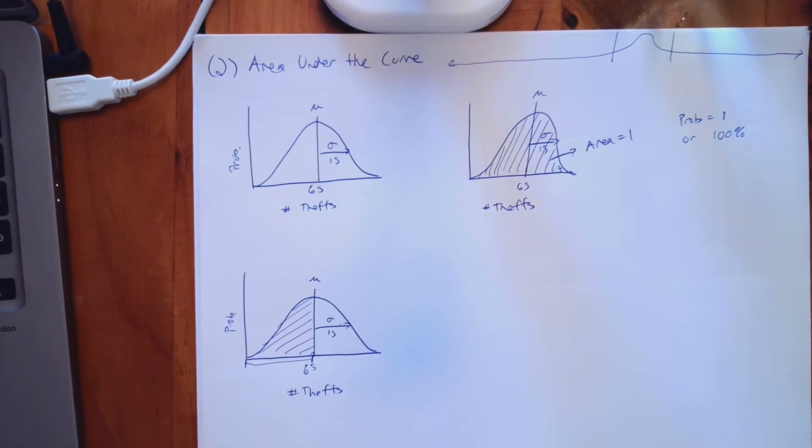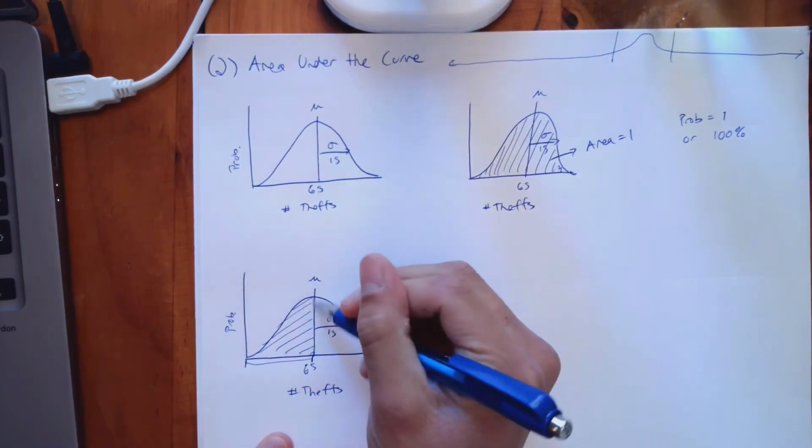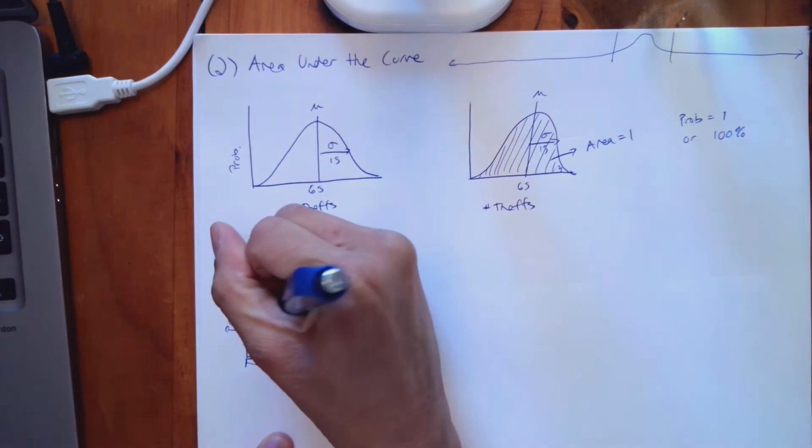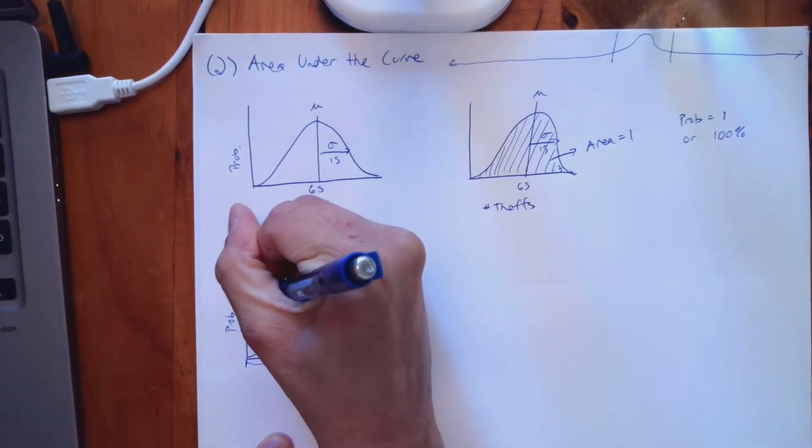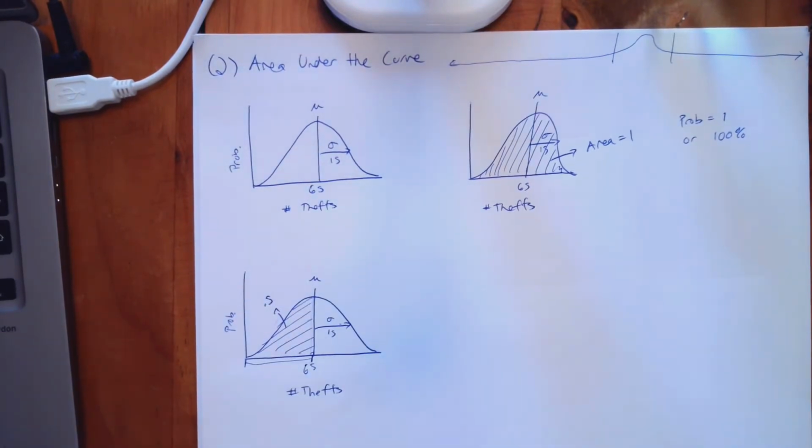Something that we mentioned before is that this curve is symmetrical and the mean divides it in half. This means that the area on this side of the mean is equal to exactly 50% of the total area, or an area of 0.5. So our total area is 1, and half of 1 is 0.5.